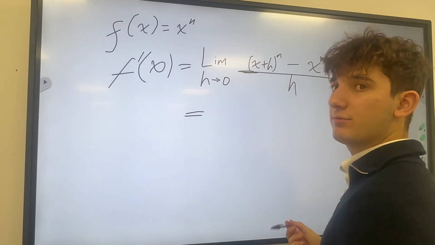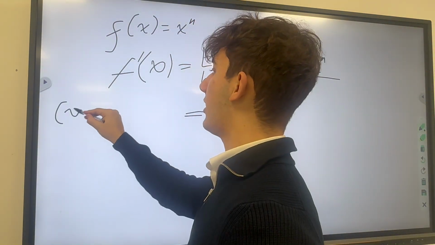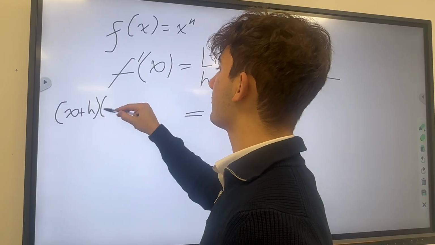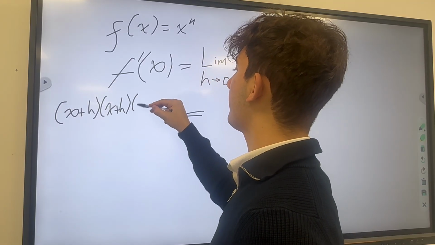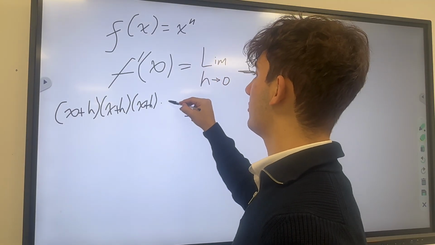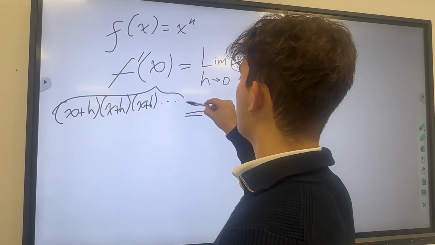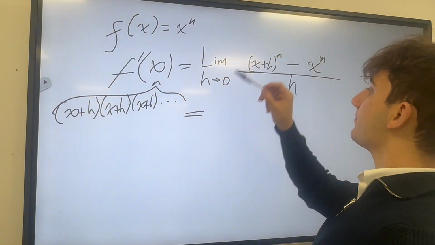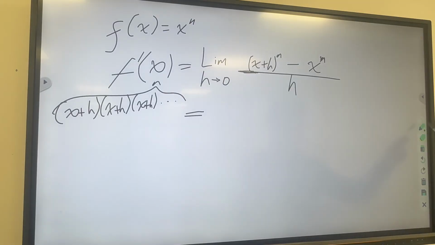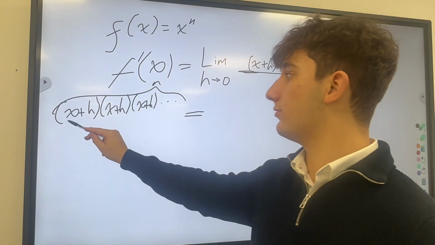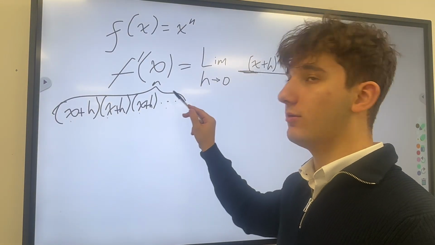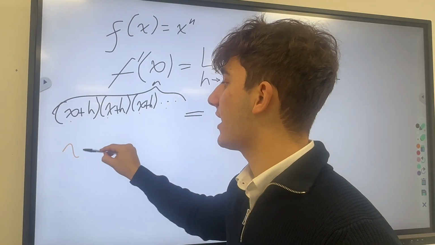For example, this x plus h part here, I can write all the brackets for that, yeah? Just a load of factors in brackets that goes on n amount of times, right? Now, let me just grab a different colour. If I do x times x times x times x so on, all n times, I'm going to get x to the n.